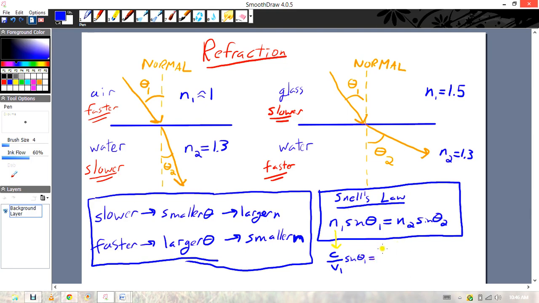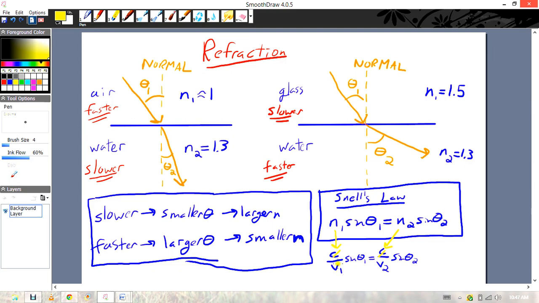And we can replace n2 with its corresponding definition. And of course cross out those speeds of light, and we end up getting the exact same thing that we got in class, that sine of theta 1 is directly proportional to the speed. That's a direct relationship.